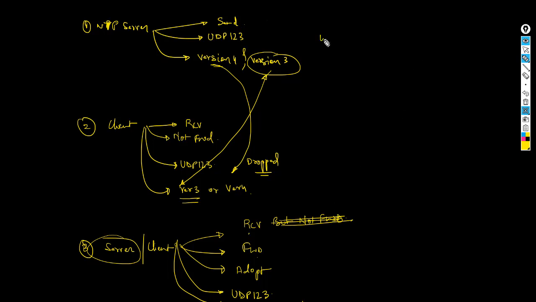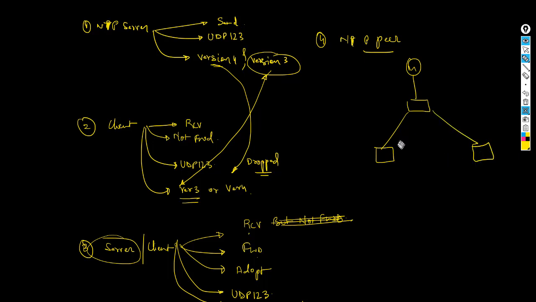And the last one here is NTP peer mode. So basically, if I have a server, a server client, and two clients here, I can configure these two in a peer mode configuration of NTP. If for some reason you lose this connection, they are going to turn into stratum 16, which is the unsynchronized status, right?